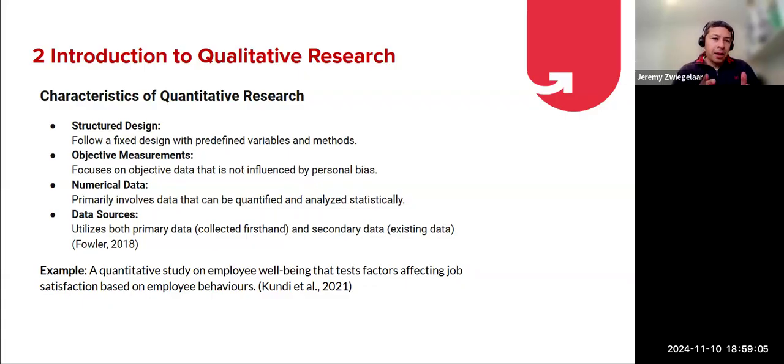So job satisfaction and employee behavior, they are interlinked. And so in our study on well-being, we'll look at these factors to see what actually has an effect on the employee behaviors. So we talk about the independent variable and the dependent variable in this context, and the independent variables are changing, they are able to affect the dependent variable.